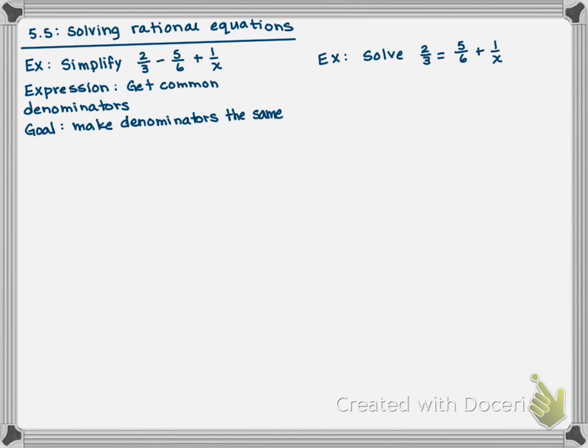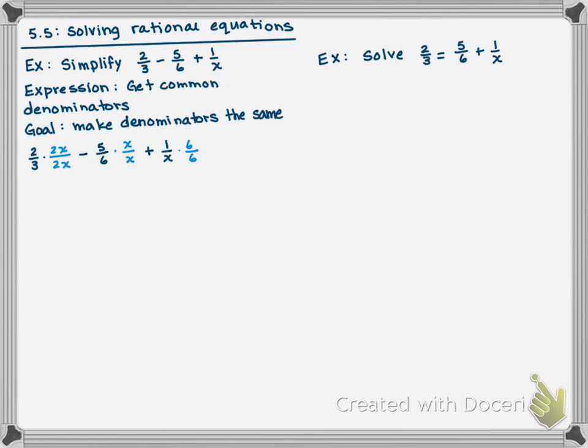And so we're going to multiply: 2/3 times 2x over 2x, minus 5/6 times x over x, plus 1 over x times 6 over 6, so that everybody has a denominator of 6x.